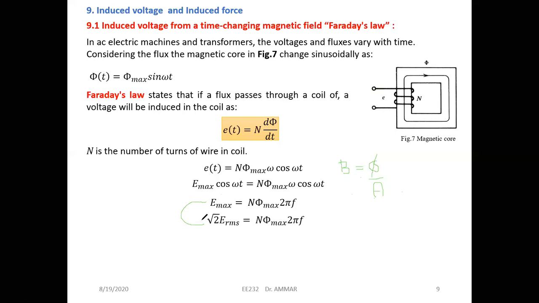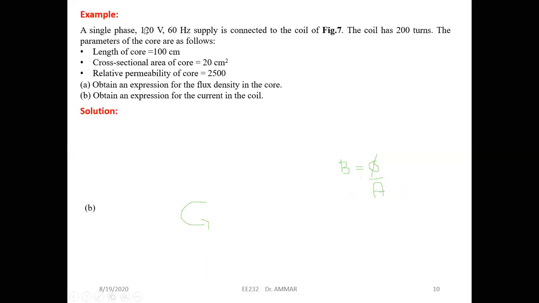That's why we have changed E max to E RMS. Then the last expression is RMS, of course. So the voltage is RMS. Here V is given in RMS. It's not a maximum. Okay, let's go back to the exercise.